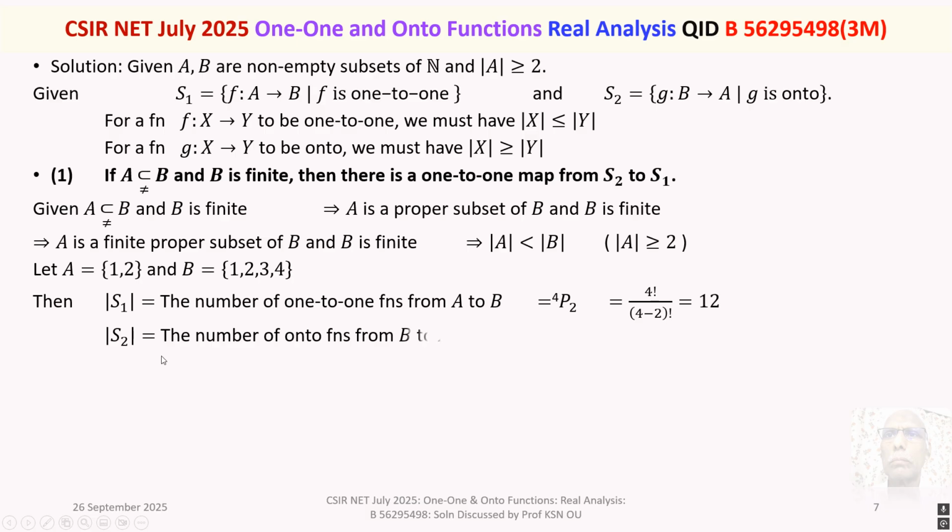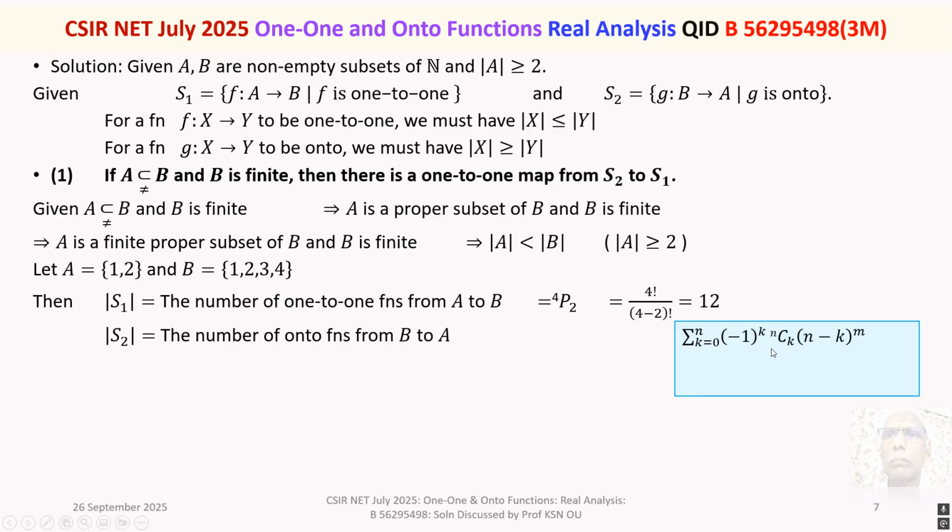Order of S2 is the number of onto functions from B to A. Now B is {1, 2, 3, 4}, that is cardinality is 4, and A is {1, 2}, the cardinality is 2. The formula is sigma k equal to 0 to n minus 1, (-1) to the power of k, nCk, (n minus k) to the power of m.